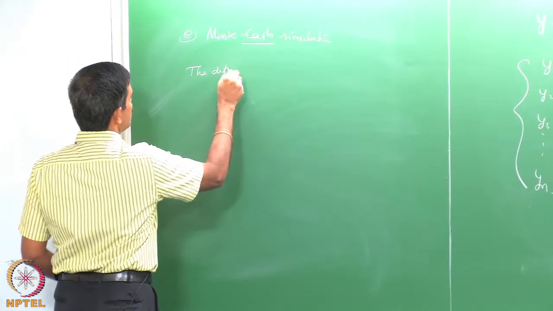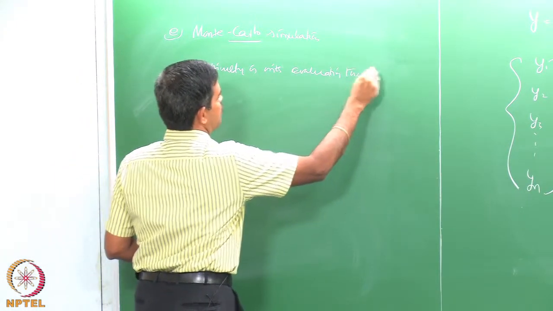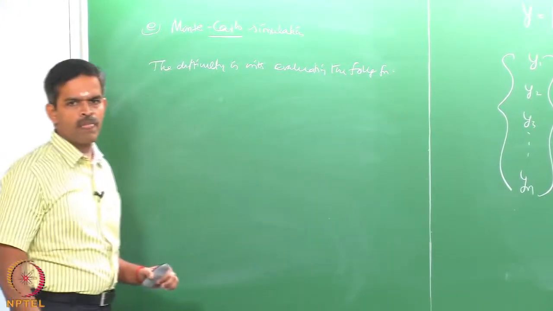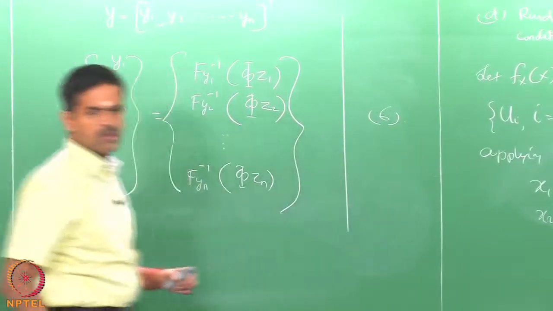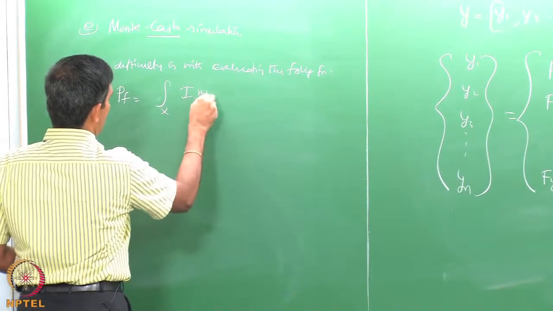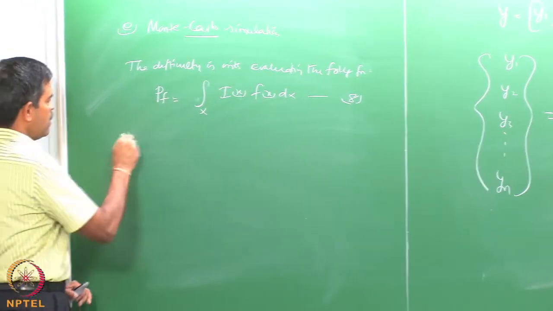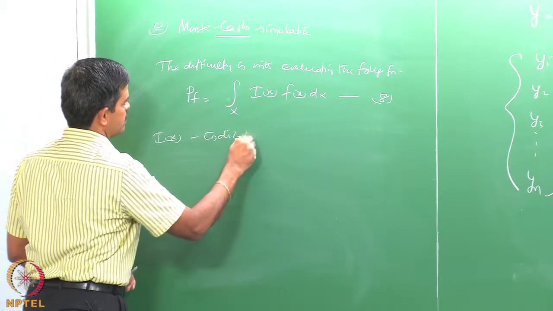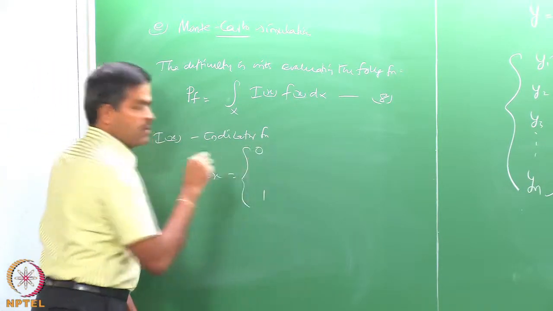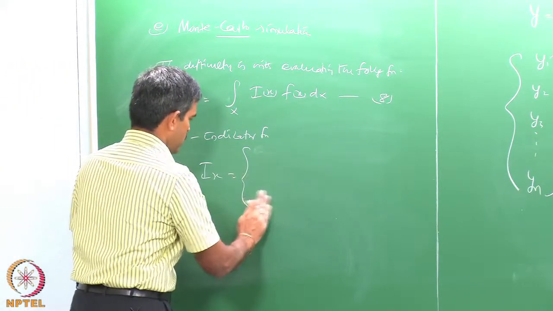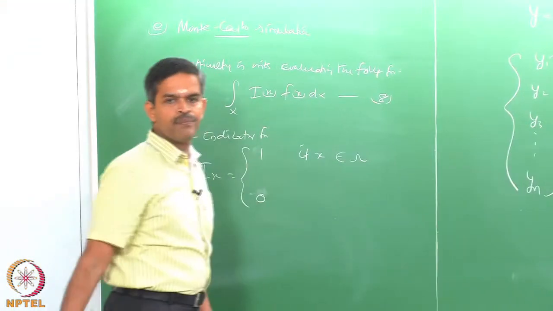So, the difficulty is with evaluating the following function: the integral of I of x f of x dx, where I of x is an indicator function which is given by 1 or 0, if x is an element of sigma or otherwise.